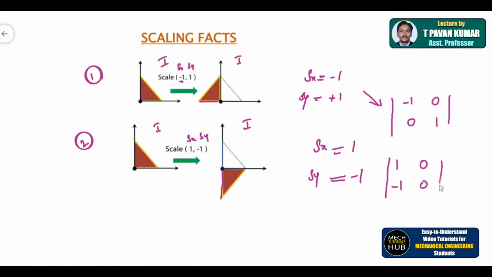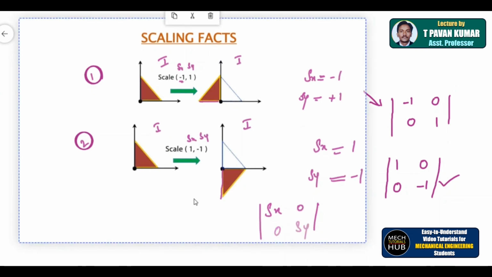Sorry, this went wrong. This is how it is going to be. If you remember this simple matrix, Sx 0 0 Sy, then you can make it easily. Any of the problems can be solved properly with this simple understanding.